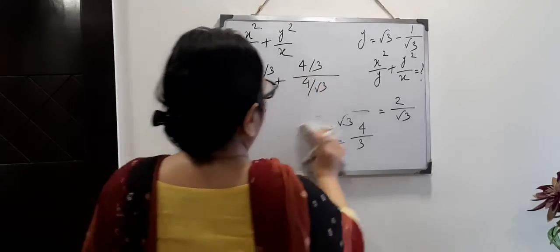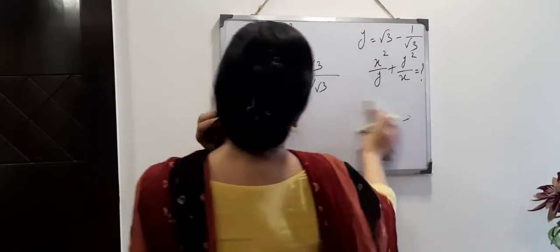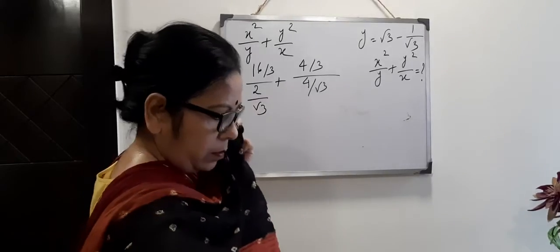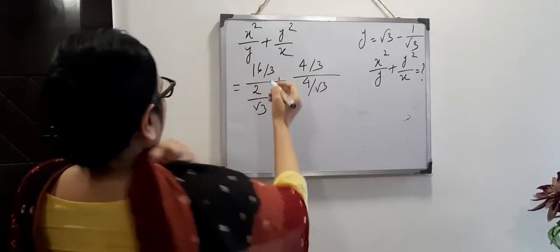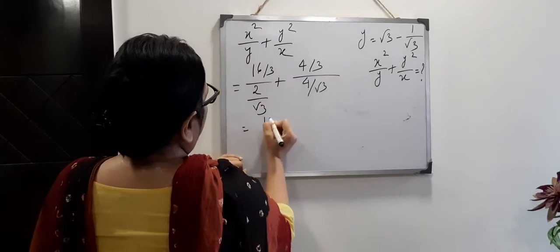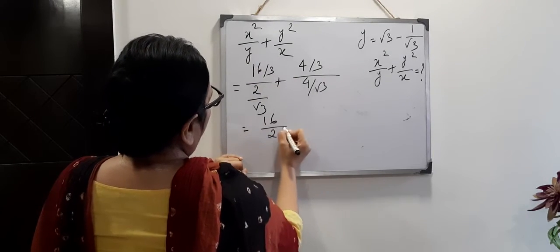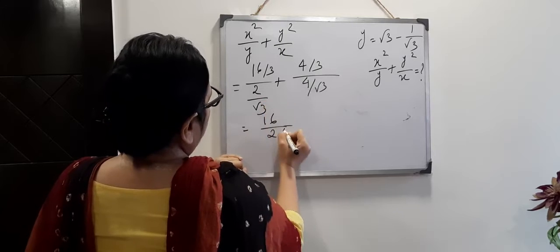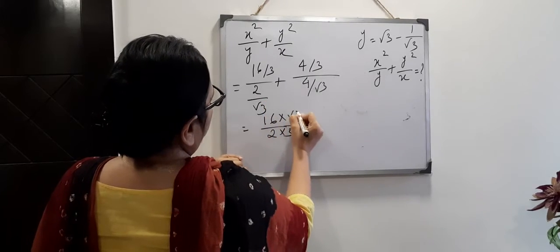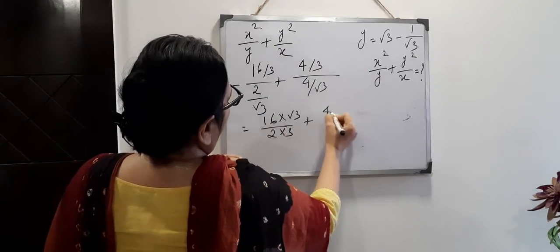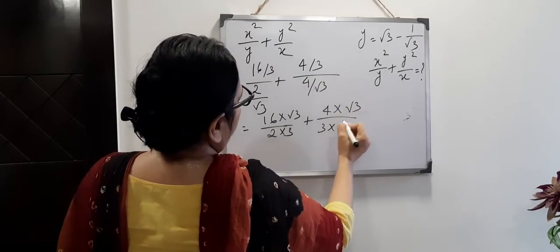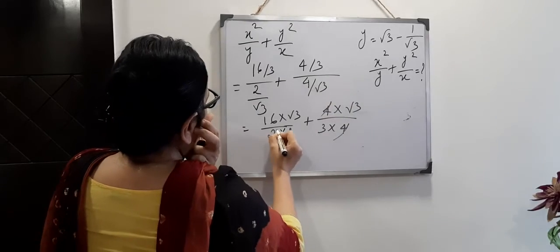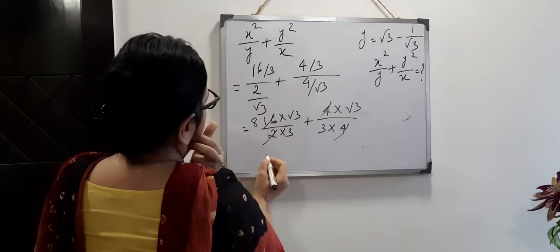Then I take this. In this form I will write now 16 by 2 into 3, and root 3 is going there, 4 by 3 into 4 into root 3. Now 4 you cancel to 8.